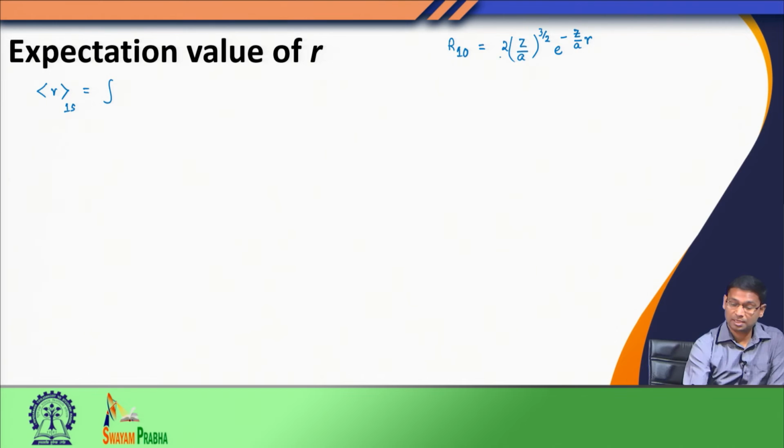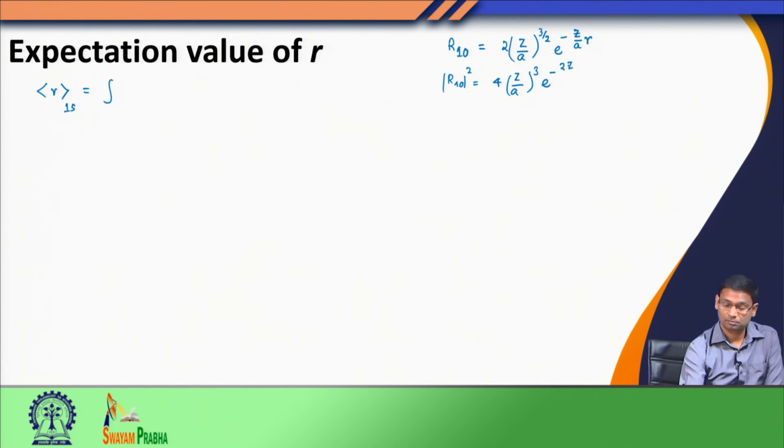So, I will first get the absolute square of R 1s, which is 4 over here.